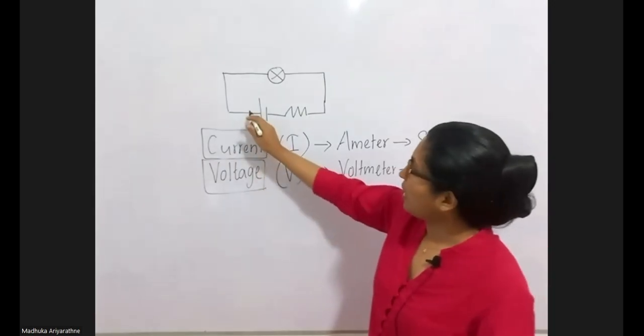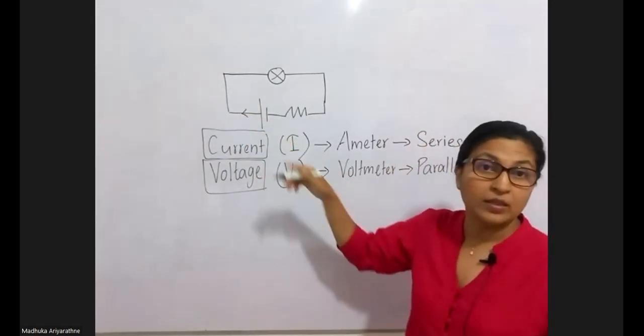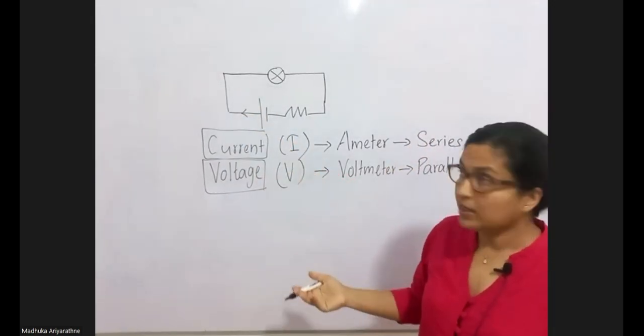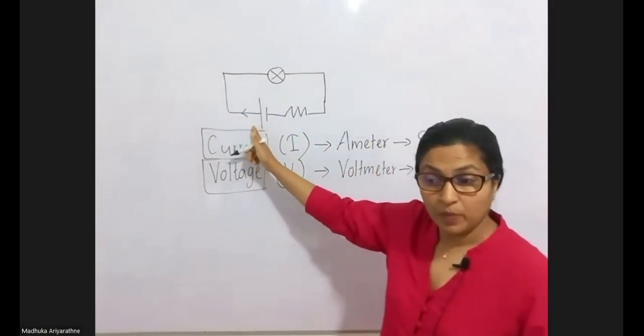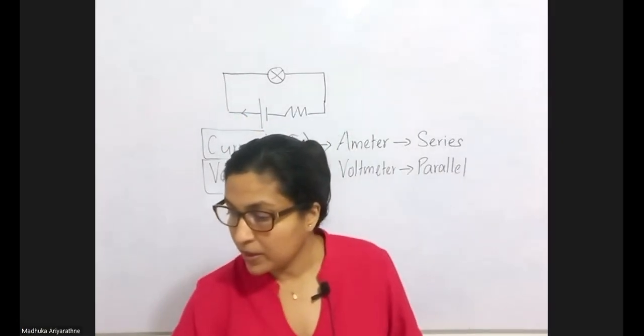So in order to give a high voltage, we can connect a number of dry cells if we want. The current starts from the positive terminal, isn't it?